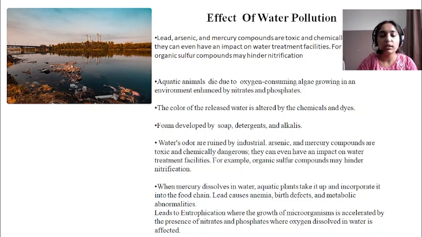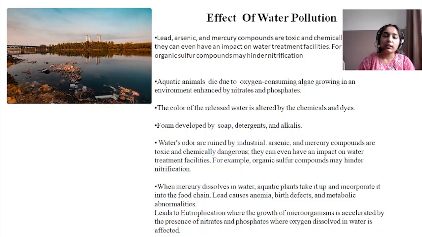All those living organisms feeding on these may suffer from very harmful diseases which may lead to anemia, birth defects and metabolic abnormalities also. So chemicals such as mercury, lead and arsenic should be avoided and should be treated first before releasing into the water bodies.